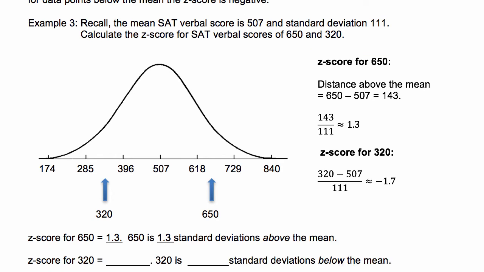In summary, the z-score for 320 is approximately equal to negative 1.7. This is because the data point 320 is 1.7 standard deviations below the mean.